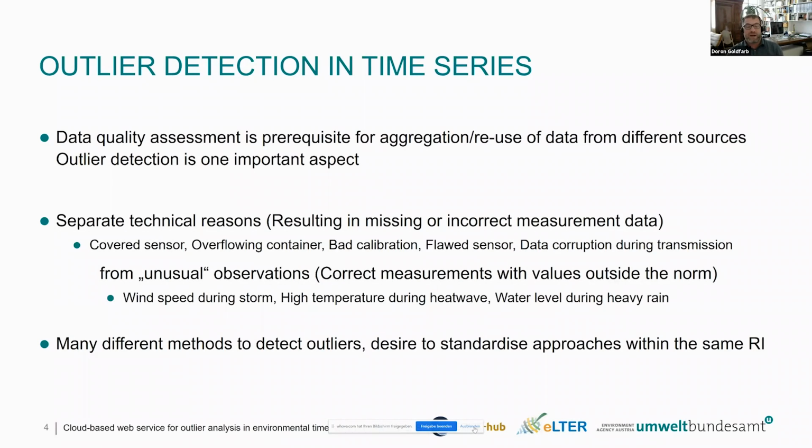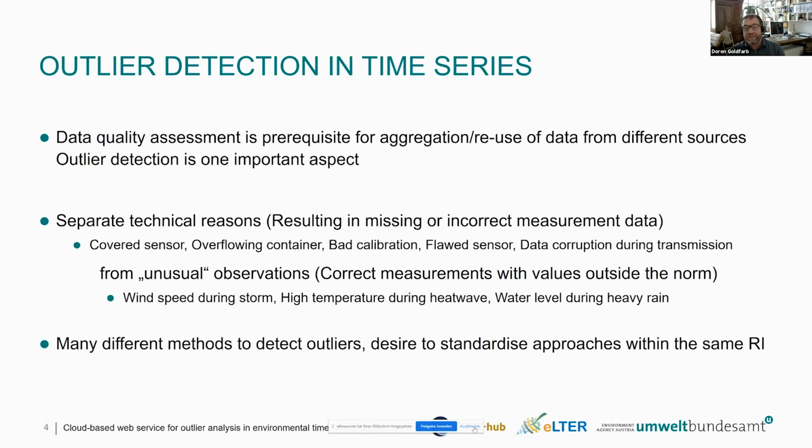And of course, specific malfunctions can be flagged right at the beginning when recording the data, while other outliers would have to be detected using one of many different available methods.